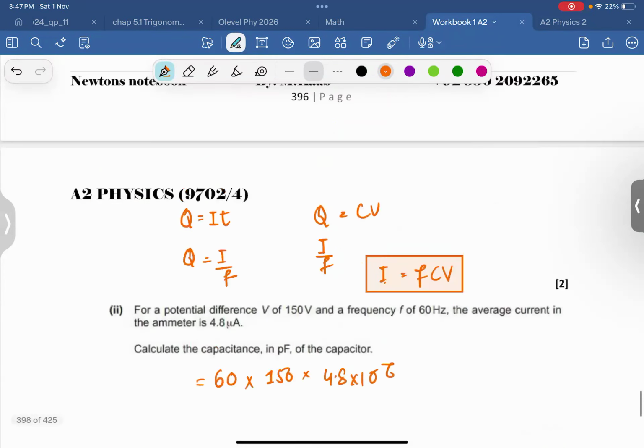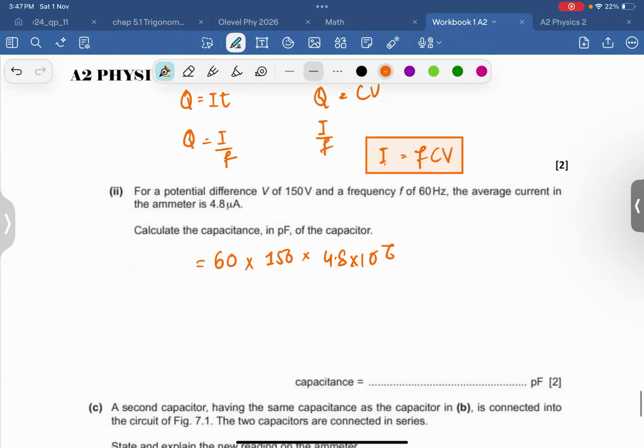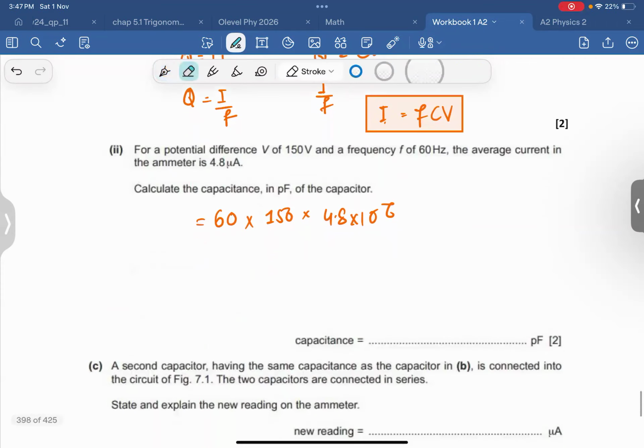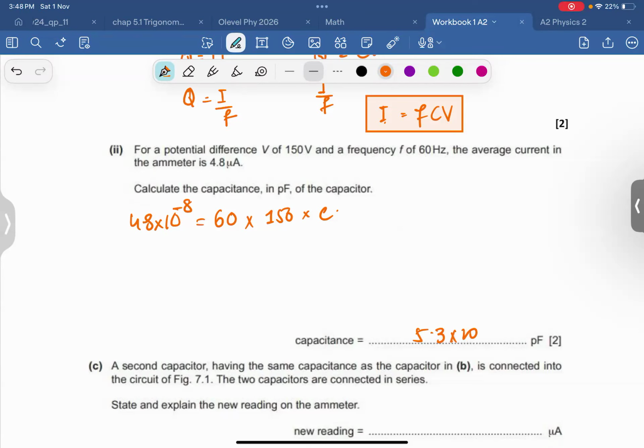Wait, we won't get the capacitance. By the way, the current should be on this side, 4.8 exponent negative 6 divided by the rest. I'm getting the value of 5.333 exponent negative 10.